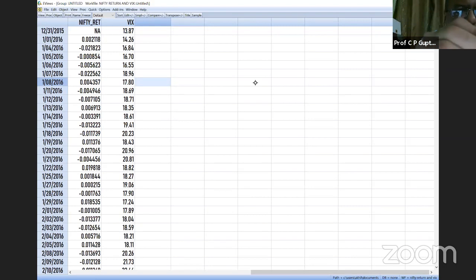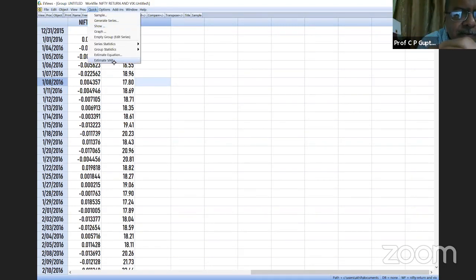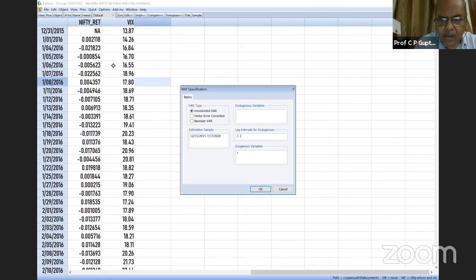You go to quick, estimate VAR. You have to write the equation here, endogenous variables. And my endogenous variables are VIX and Nifty return.